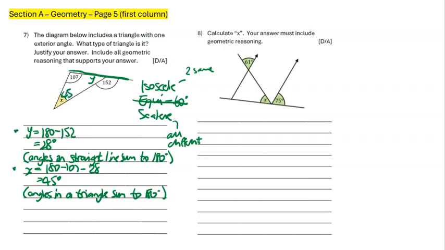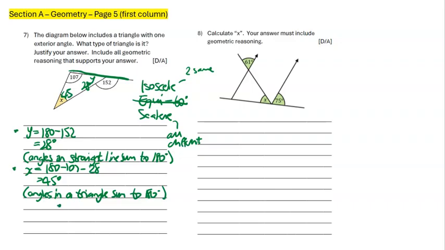Finally, we can write them in our diagram to make more sense of it. I know that one there is 45, that one there is 28. I can see my three angles are all different, so that tells us we've got a scalene triangle. That can be our final thing. I'm just going to note my pause button's in this area here, so I'm going to write from this side onwards.